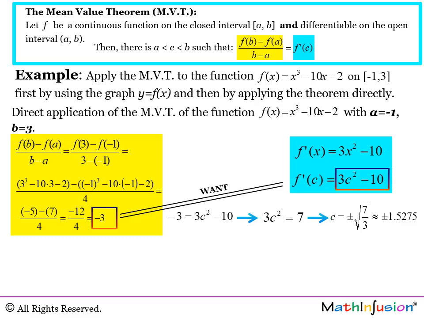And obviously we need to pick the value of c which is between -1 and 3. So in our case, because c is between -1 and 3, we will take c to be the square root of 7 over 3. So the exact answer for c is square root of 7 over 3.